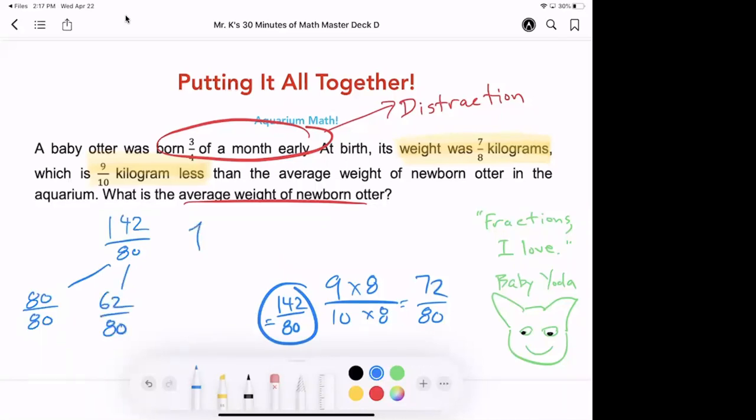So 1 and 62/80ths. And you could simplify that 62/80ths by composing it down. If we divided the numerator and denominator by 2, we would get 31/40ths. So 1 and 31/40ths.